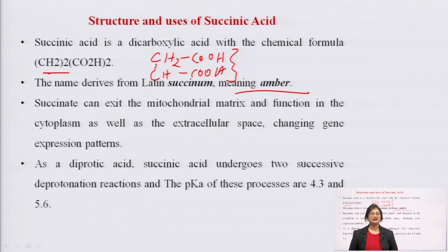I shall repeat again. Since it contains 2 carboxylic acid groups, it is considered a diprotic acid. So, succinic acid undergoes 2 successive deprotonation reactions, that is, removal of hydrogen. The pKa of these processes are 4.3 and 5.6.